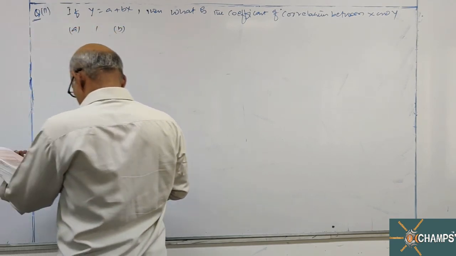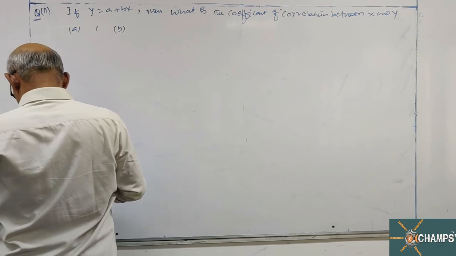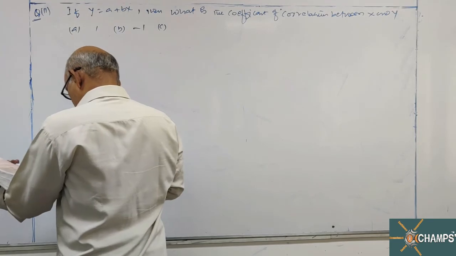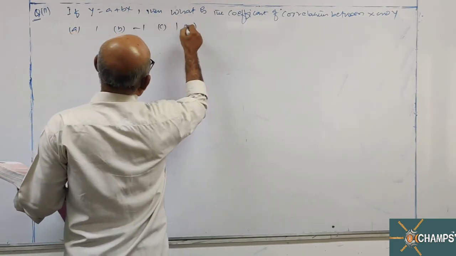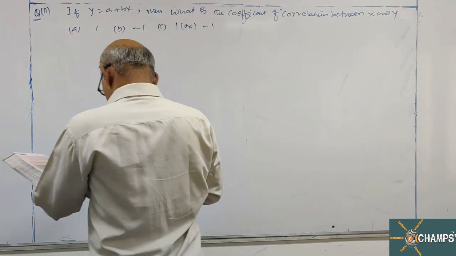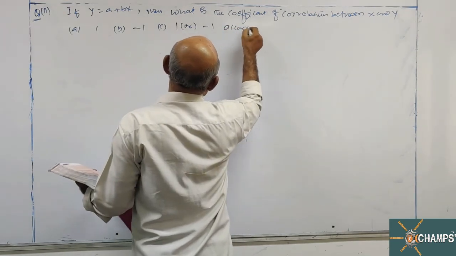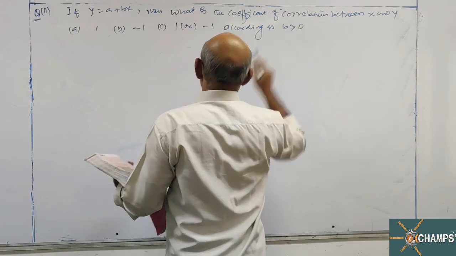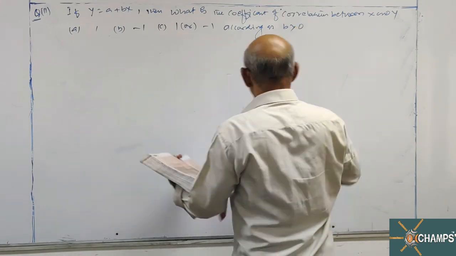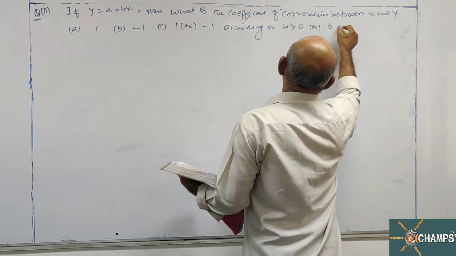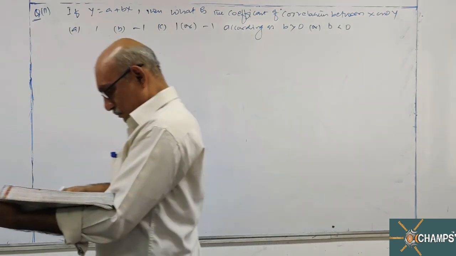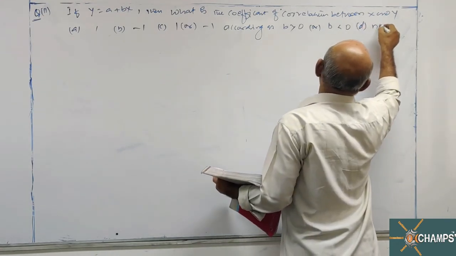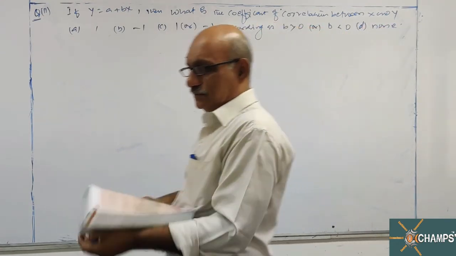Option B: minus 1. Option C: 1 or minus 1 according as b is greater than 0 or b less than 0. Option D: none of these.